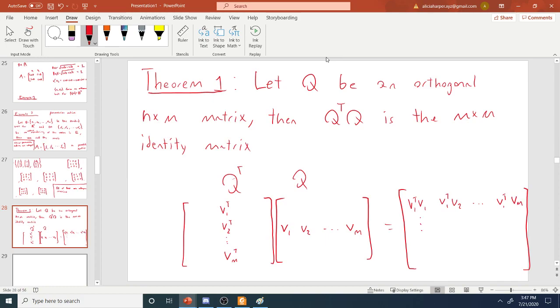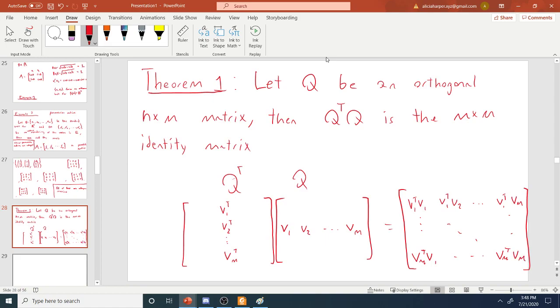Going down, of course, we're also going to have Vm transpose times V1, and then all the way over until we finally get to Vm transpose times Vm.